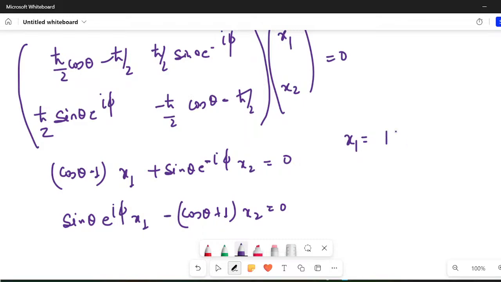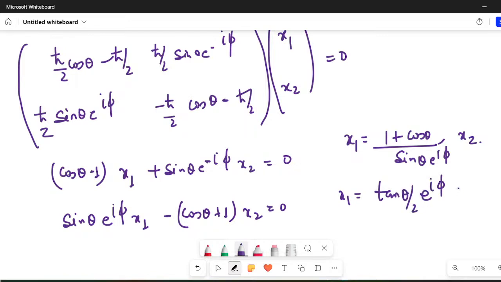x1 I can write as (1 plus cos theta) divided by sin theta, e^(iφ) x2. This 1 plus cos theta can be written as 2 cos square theta by 2, and sin theta can be written as 2 sin theta by 2 cos theta by 2, so I'm directly writing it as tan theta by 2 e^(iφ) x2.